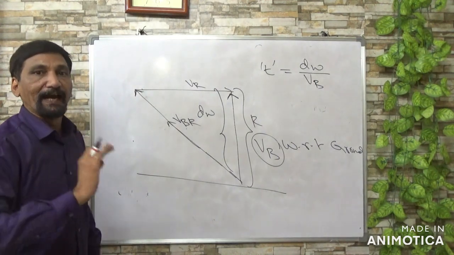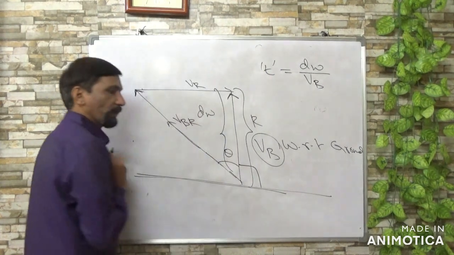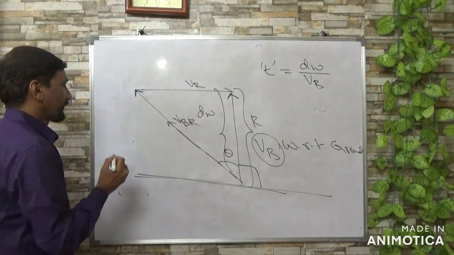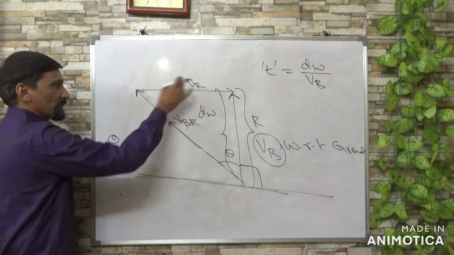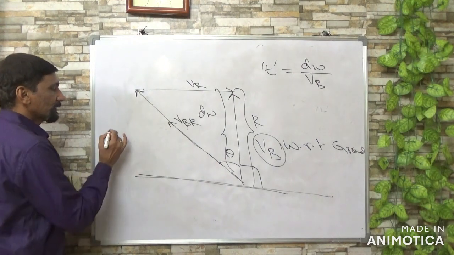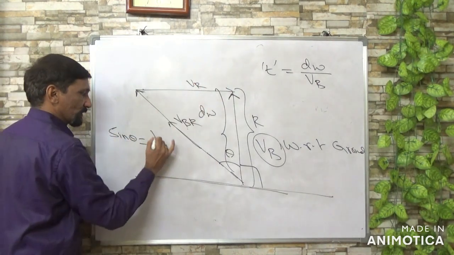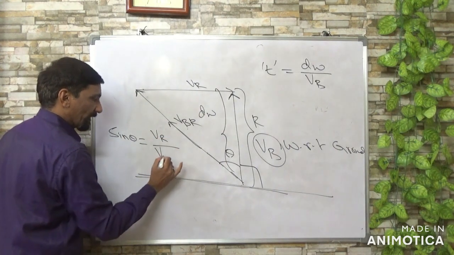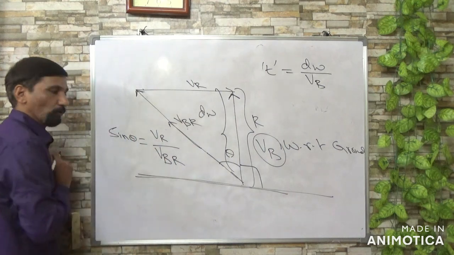You can also find the angle with reference to the river flow. From here, you can take sine theta, because you know the opposite and the hypotenuse. So sine theta is equal to the velocity of the river by the velocity of the boatman with reference to the river flow.